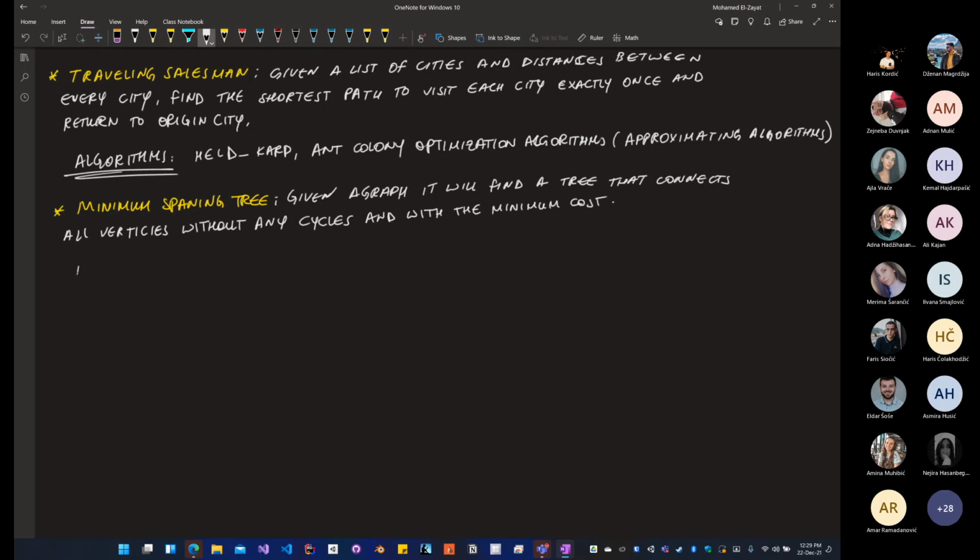Okay, algorithms to solve this. Usually we use minimum spanning trees to answer questions like the traveling salesman.